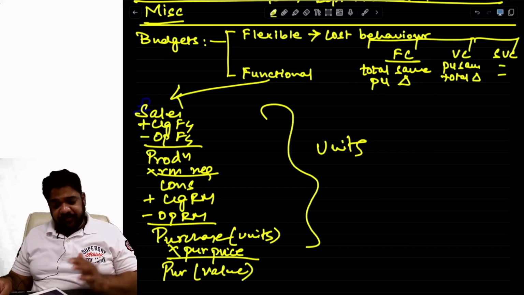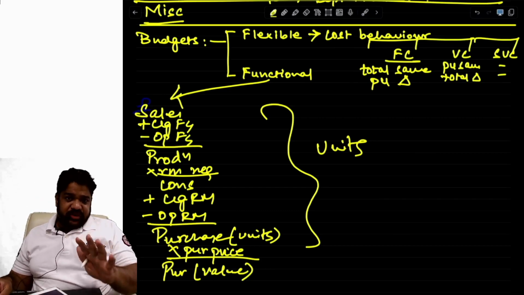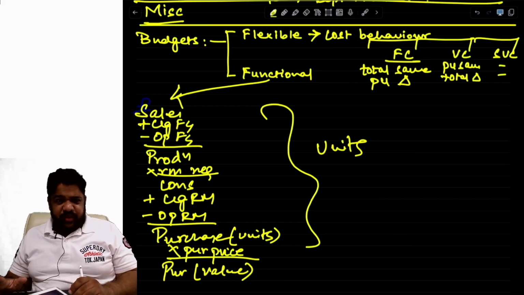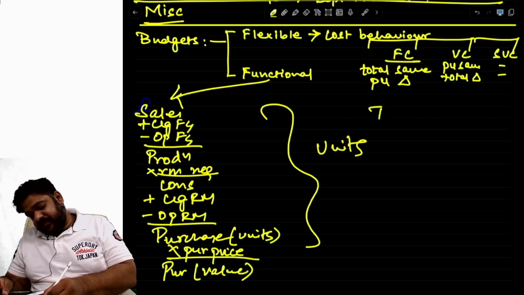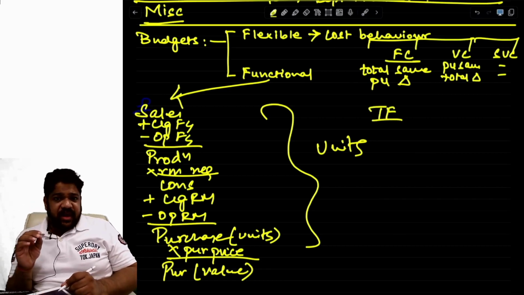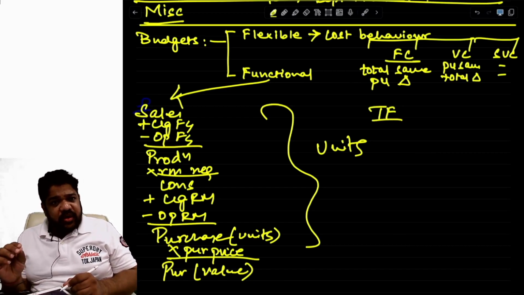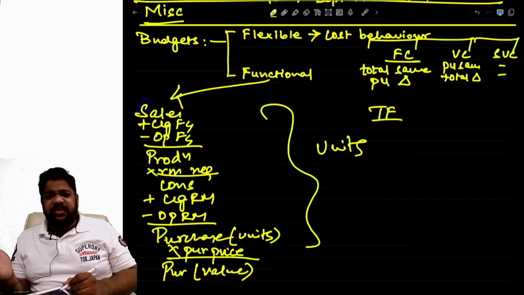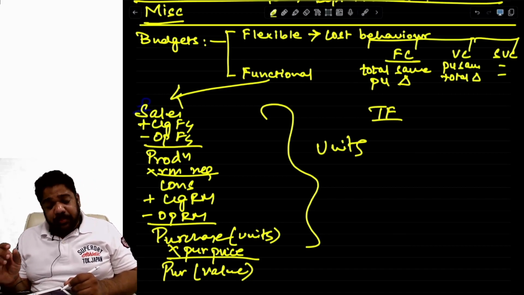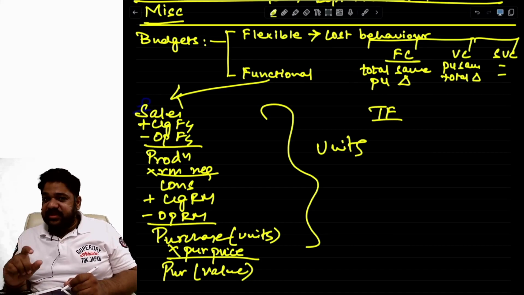Are we understanding? Now, when it comes to this, what are the things that you have to keep in mind? Firstly, time frames. Sometimes they may ask you the budget on a monthly basis. Sometimes they may ask you on a quarterly basis. Sometimes they may ask you on an annual basis. So be very, very careful of the time frame in which they are asking.